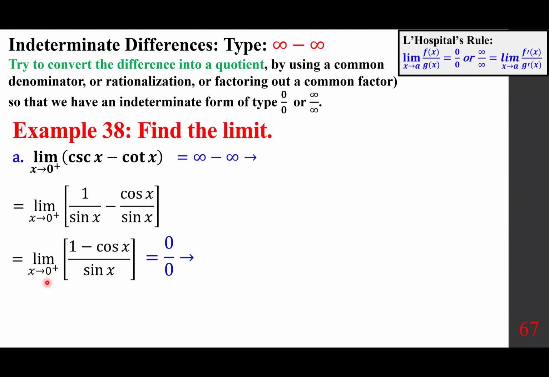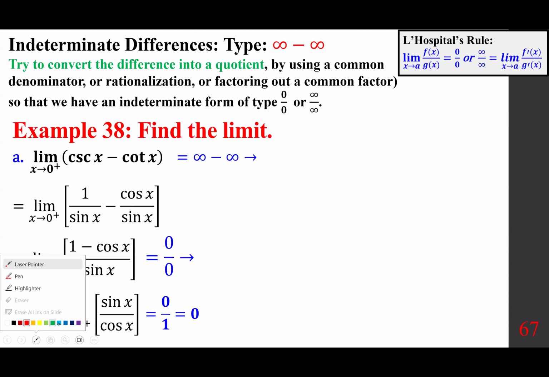So the limit as x approaches 0 from the right, the top, negative cosine becomes positive sine because 1 goes to 0, and sine becomes cosine. Of course, you can say this is tangent and tangent is 0. You can do that. Or if you plug in sine of 0 is 0, cosine of 0 is 1, 0 over 1 is 0. So you can do it that way.